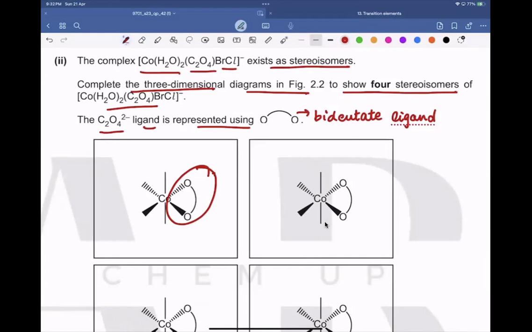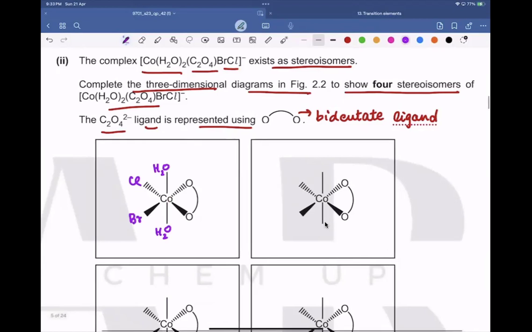Okay. So see, there are 2 same ligands which are water. So what I can do first is put the 2 waters at 180 degrees to each other, and then put a chlorine and bromine 90 degrees to each other, forming one stereoisomer.